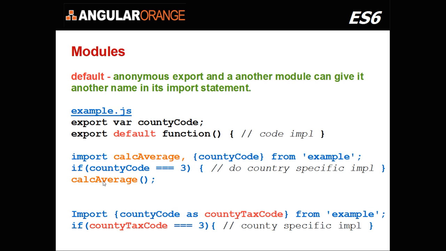And here I could call the function with my alias name. Or I could take country code and give it an alias name. Now country code is exported from the example module, and I'm redefining it as country tax code, and now I can use country tax code in my application.